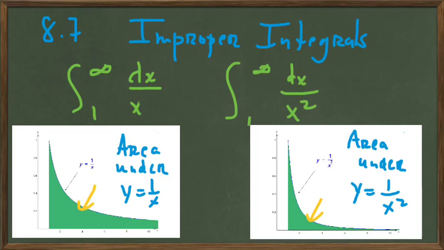But let's find out what this area is. We've got infinite regions. It should be the case that both areas are infinite. So let's do the first integral on the next blackboard.